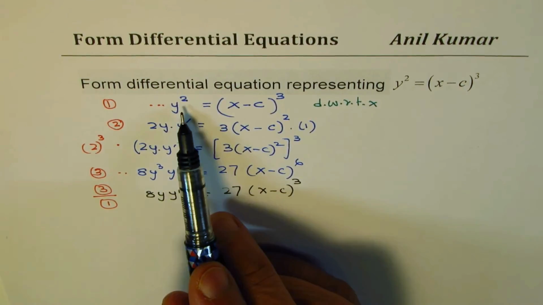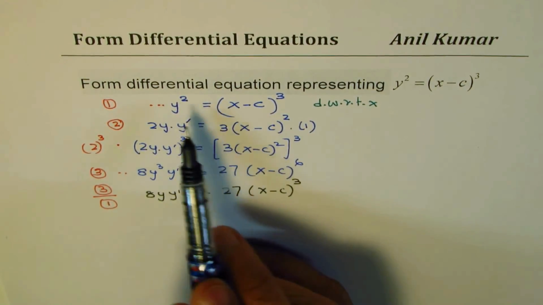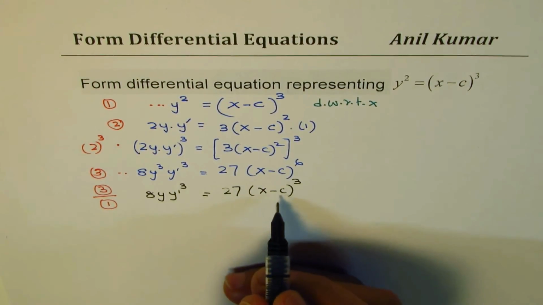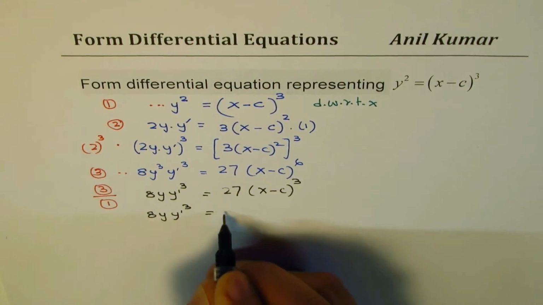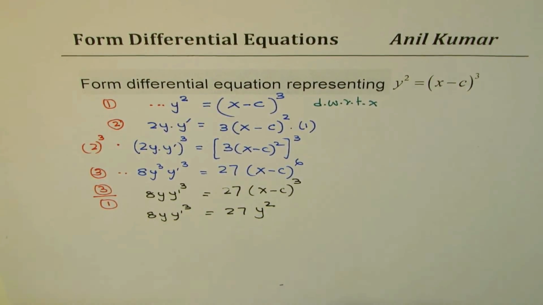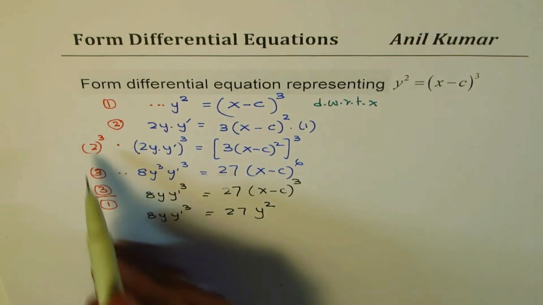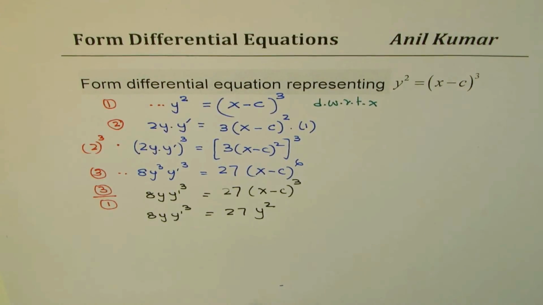Do you get an idea? I could write x minus c whole cube as y square. So I'll replace this by y square. So we get 8y y dash cube equals to 27y squared. Correct? So I substituted back equation 1, the value of x minus c. Do you get an idea?